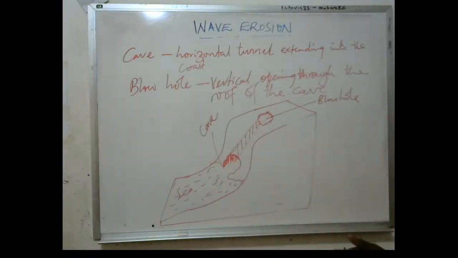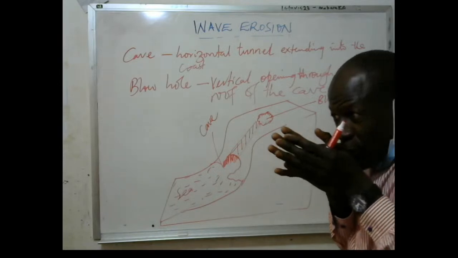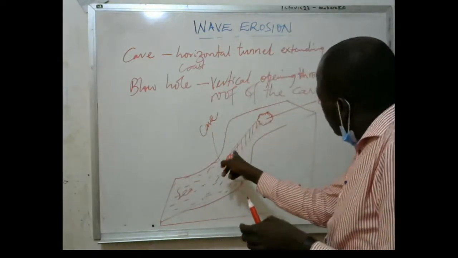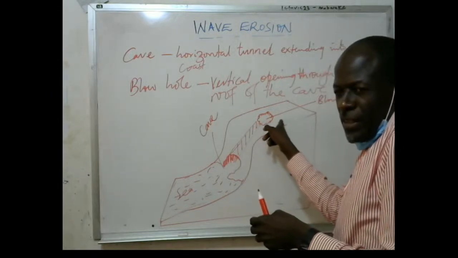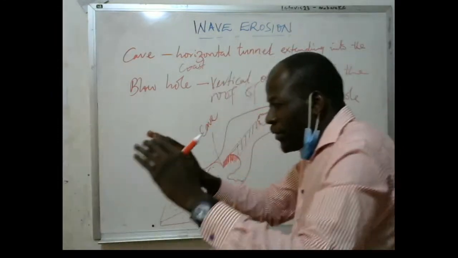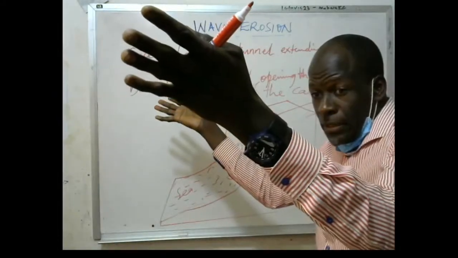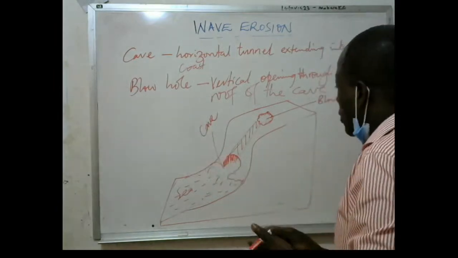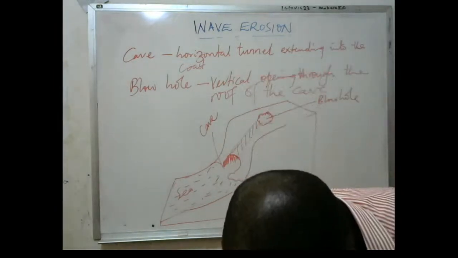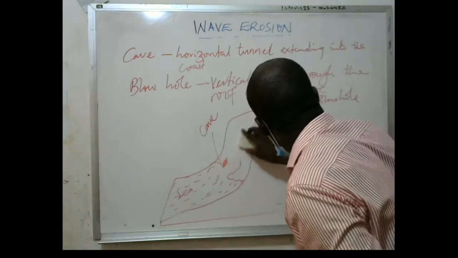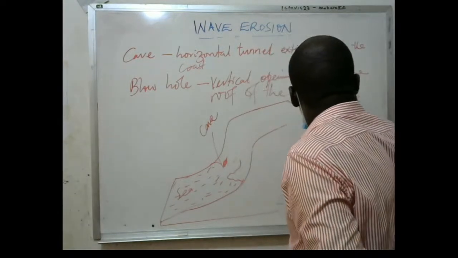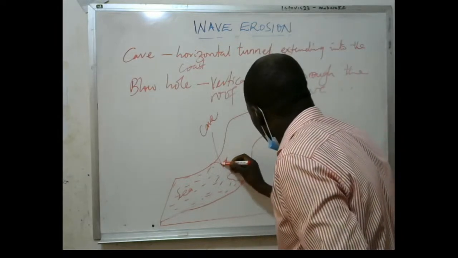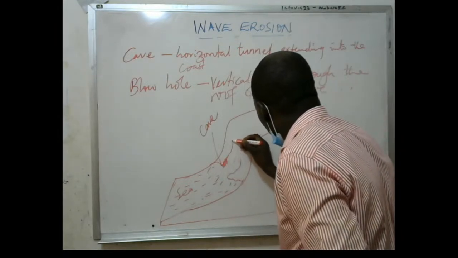When it collapses, we shall have a narrow opening, a narrow projection of the water of the sea into the coast. That section that was formerly a cave now becomes an open inlet into the coast, and that open inlet is what we are going to call the geo.